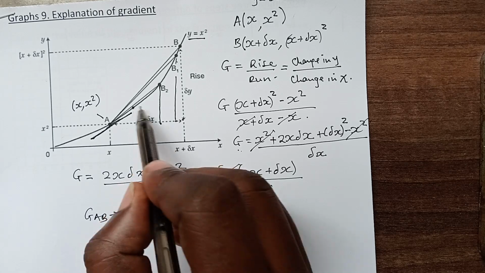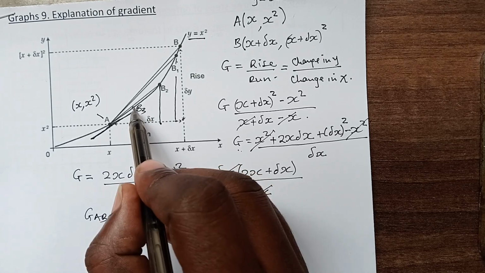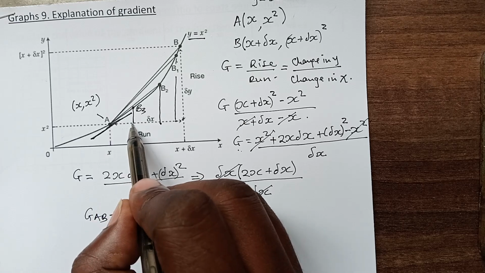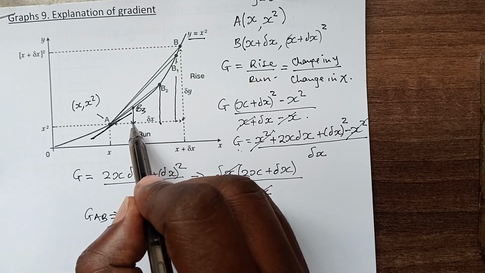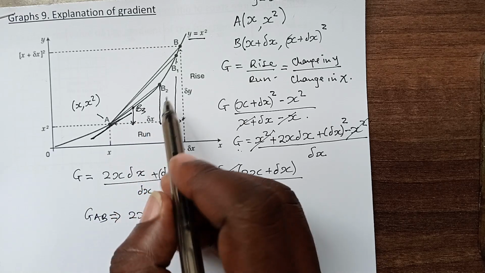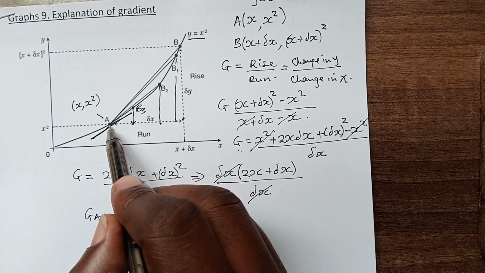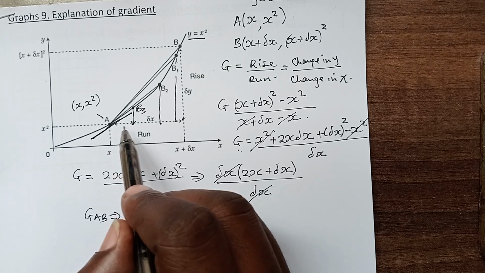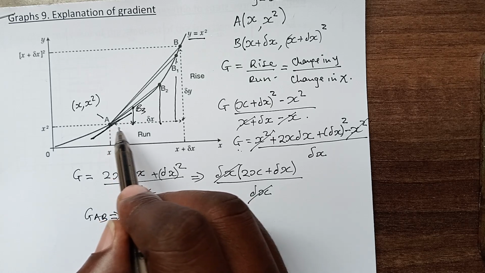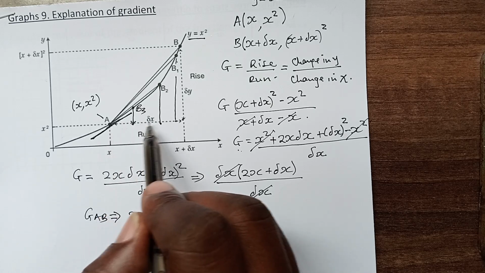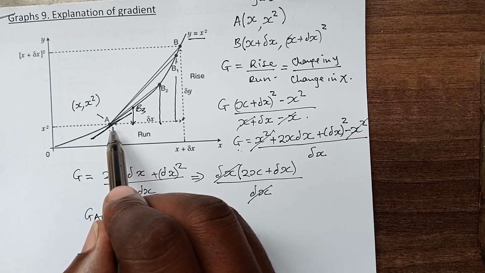If we can even find another point B3, delta x is now from here to here. But eventually, when the point B comes to the same position as point A, and that is how we form a tangent, the delta x will be reduced significantly.